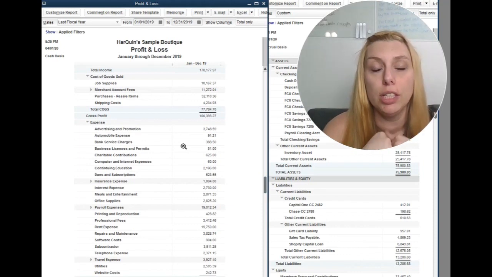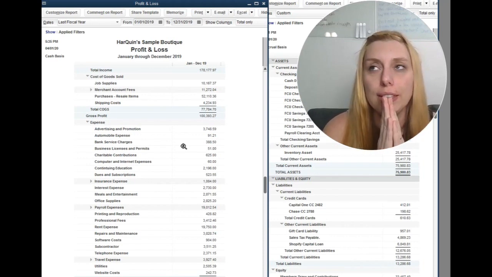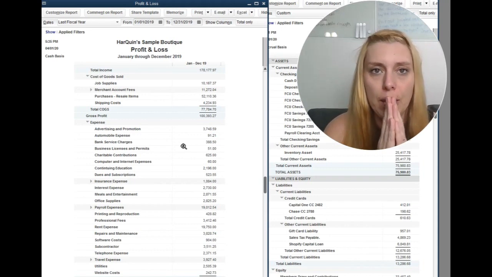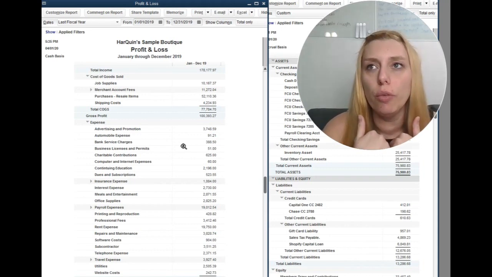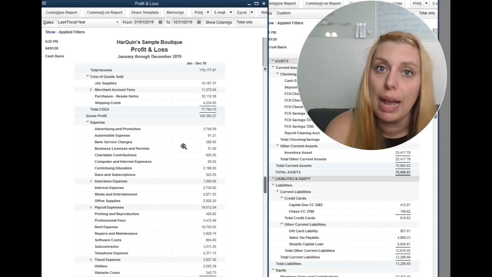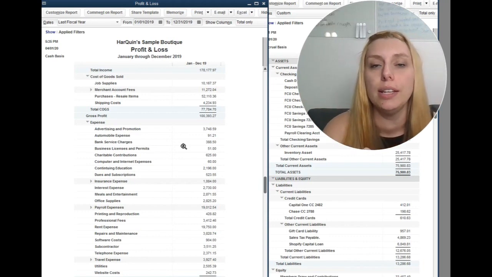The definition of cost of goods sold is things I had to buy in order to make money. Let me give you some other industries so that things make a little more sense. The cost of goods sold for Walmart, for instance, is all the items they have on the shelves. They had to buy from their supplier, pay for it, and then put it on the shelf. So that's their cost of sales.